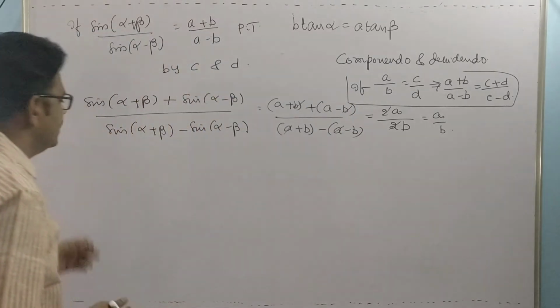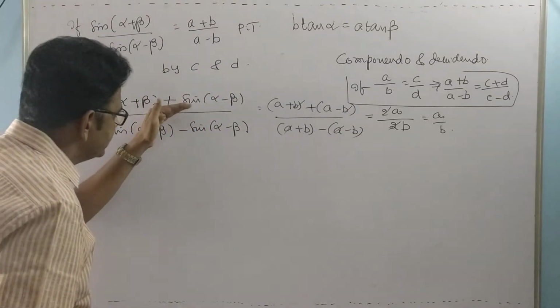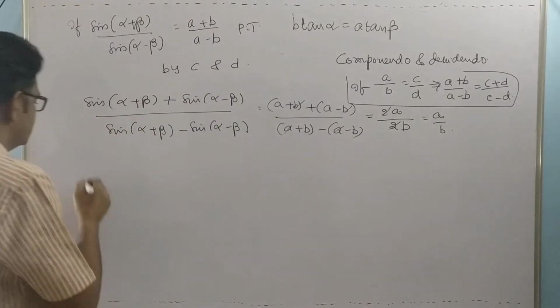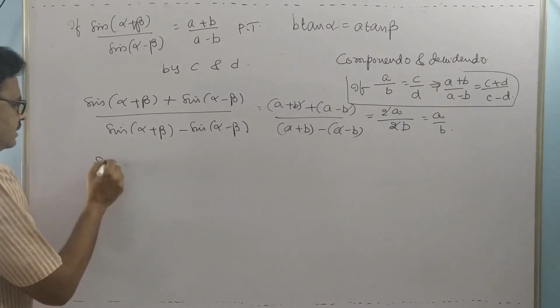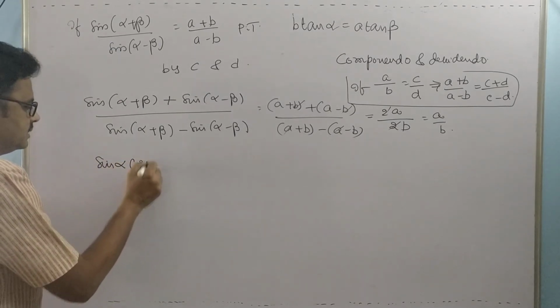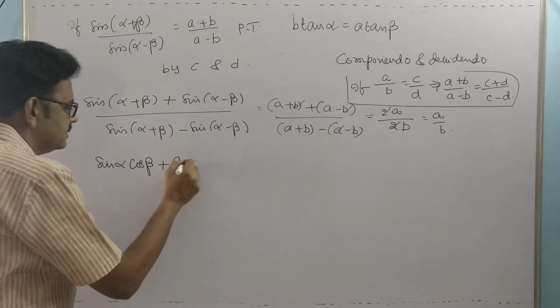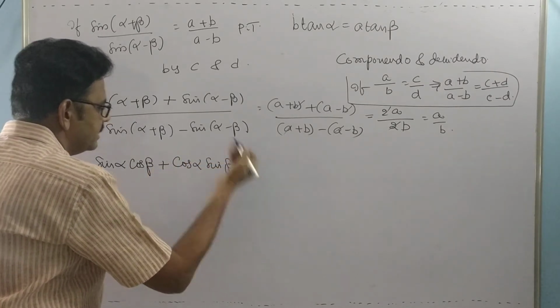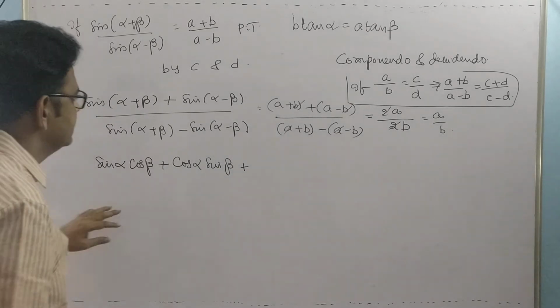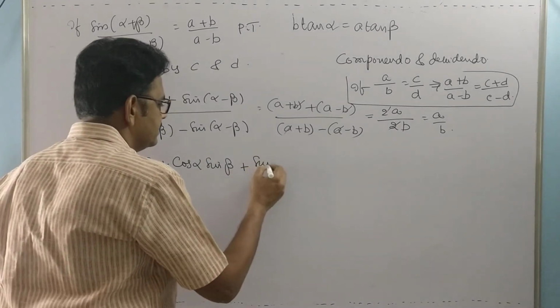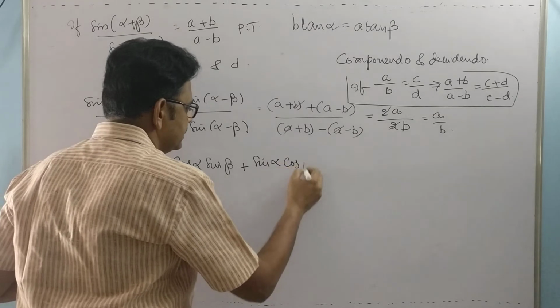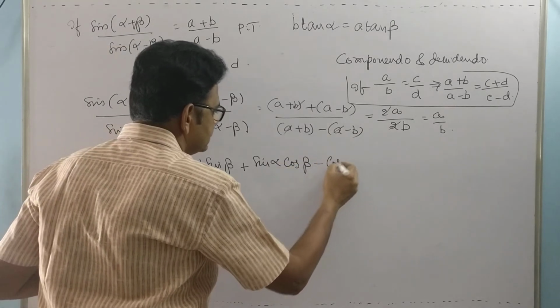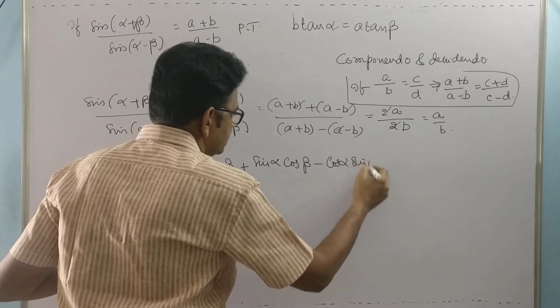You can write it directly, but I write the complete expansion. So this is sine alpha cos beta plus cos alpha sin beta plus sine of A minus B. So this is sine alpha cos beta minus cos alpha into sin beta.